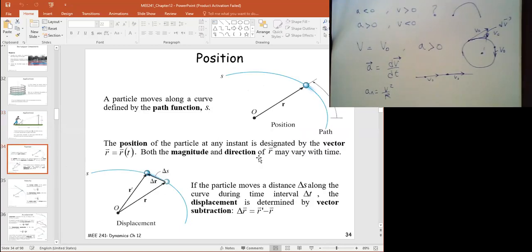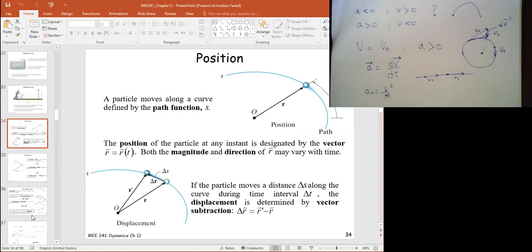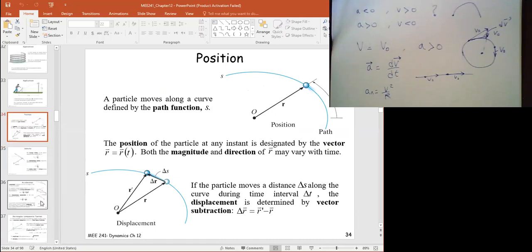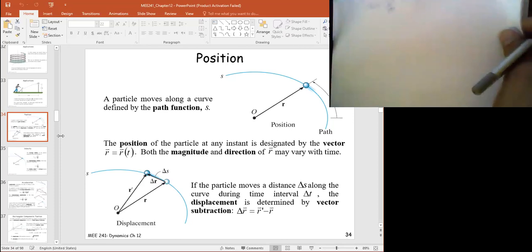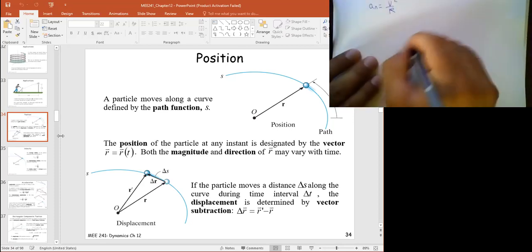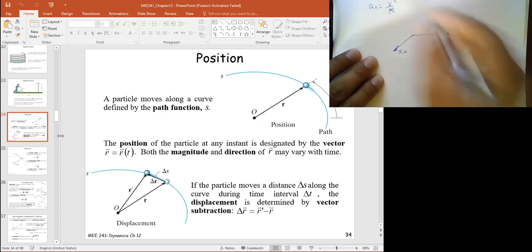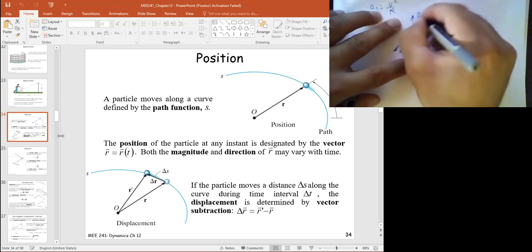Okay, regarding the position, we're going to look into different frames for expressing position. The first thing that we're going to look into is the Cartesian frame. So if you have a Cartesian frame, we can express the position of any particle. Let's say you have x0, y0, and then z0.